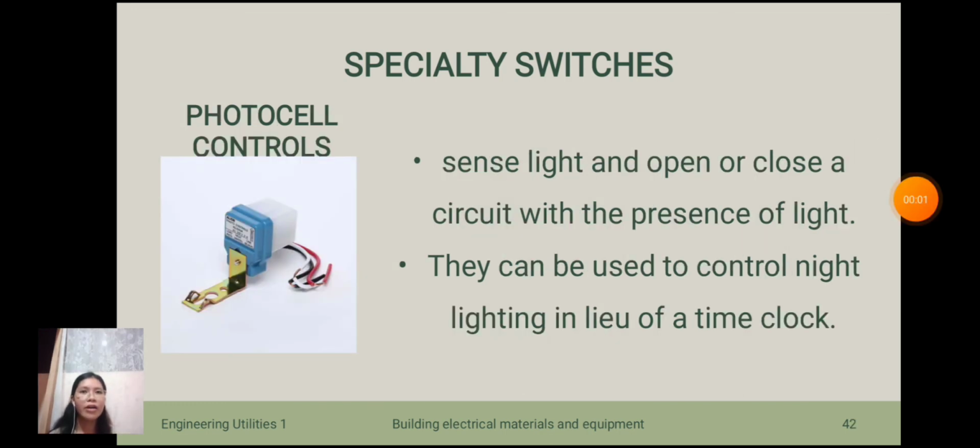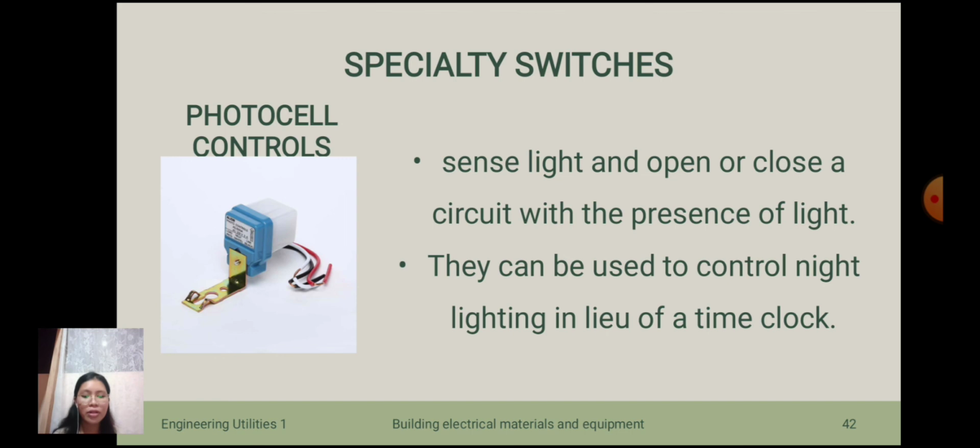We also have the photocell controls. Sense light and open or close a circuit with the presence of light. So they can be used to control night lighting in lieu of a time clocks. So ito naman yung switch na nag-turn on and off sa lights.